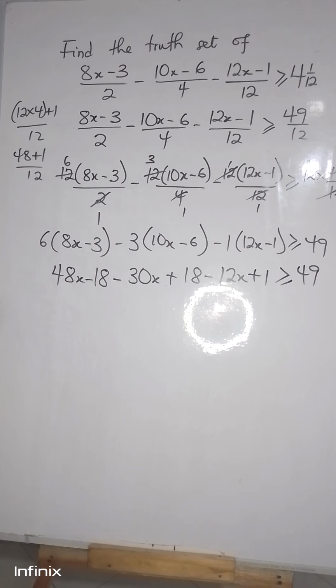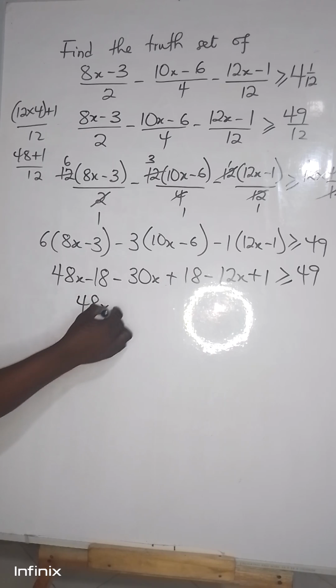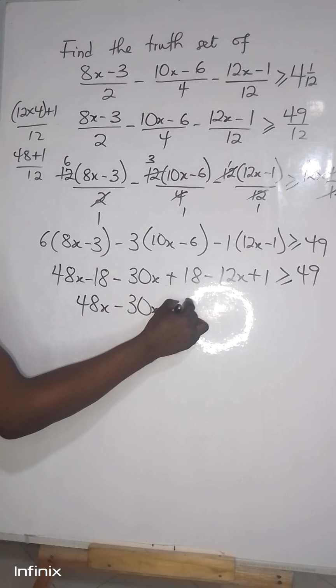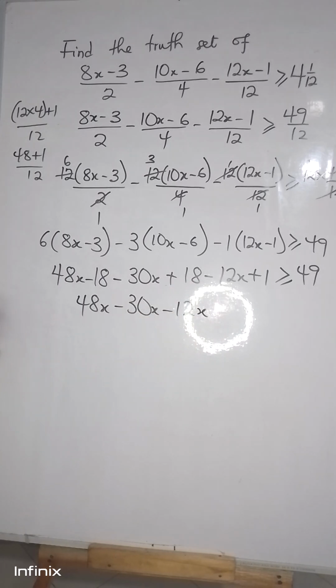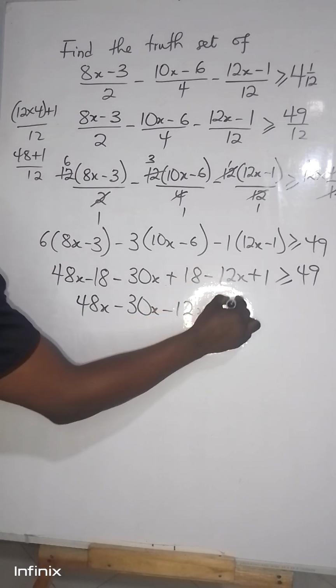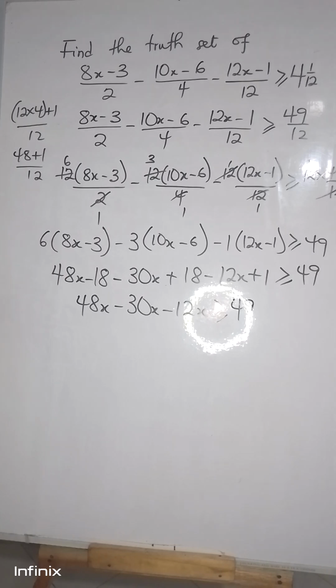Right. So from here, you can group like terms. We have 48x minus 30x minus 12x, then greater than or equal to, we have 49 already on the right side.